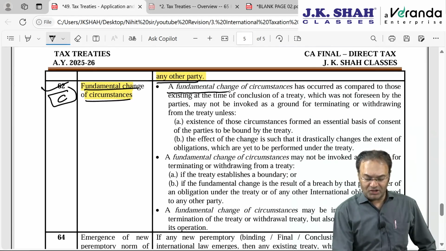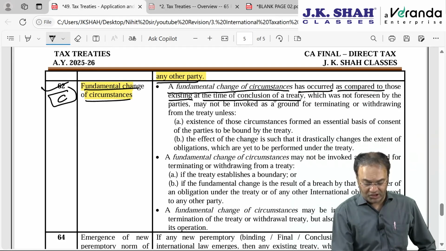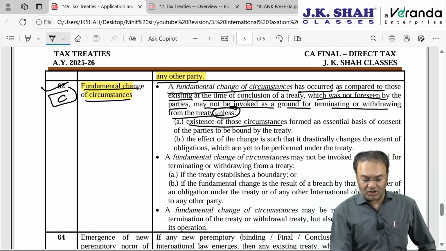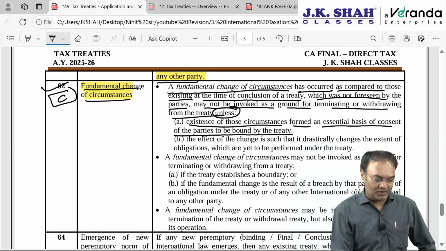So if a fundamental change of circumstances has occurred as compared to those circumstances existing at the time of concluding the treaty, which was not foreseen by any of the parties, then it may not be invoked as a ground for terminating or withdrawing from the treaty unless the existence of those circumstances formed an essential basis for the consent of the parties to be bound by the treaty.